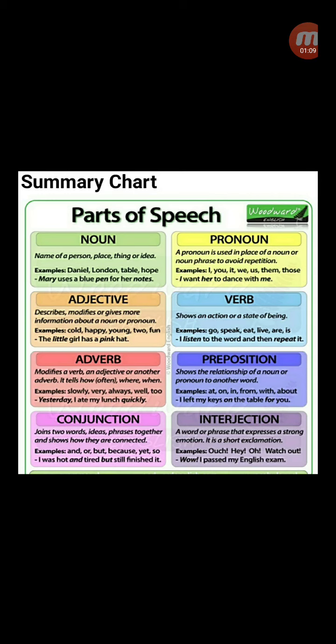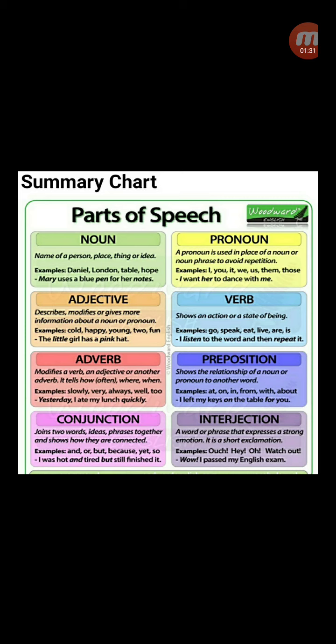Nouns are the name of person, place, thing, or ideas. Example: Daniel, London, table, hope. Now, nouns can be again classified into proper noun, common noun, abstract noun, material noun, countable, non countable, right?